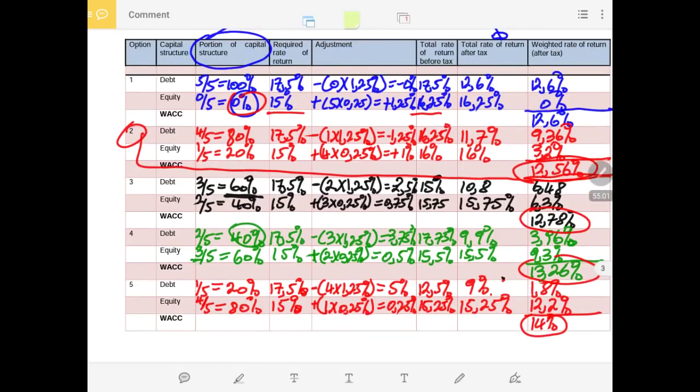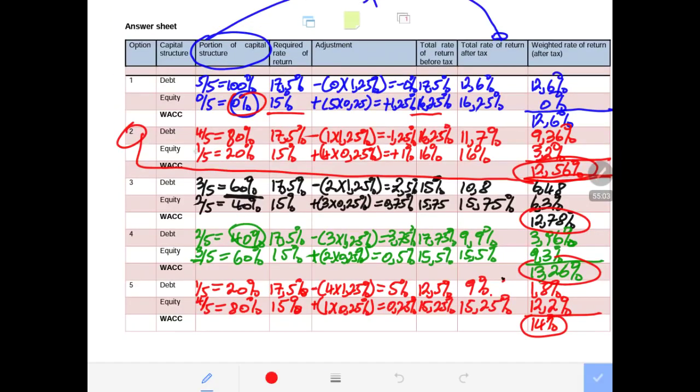Let us check if it's 300,000 rands. Yes, 300,000 rands will be debt and 75,000 rands will be equity.